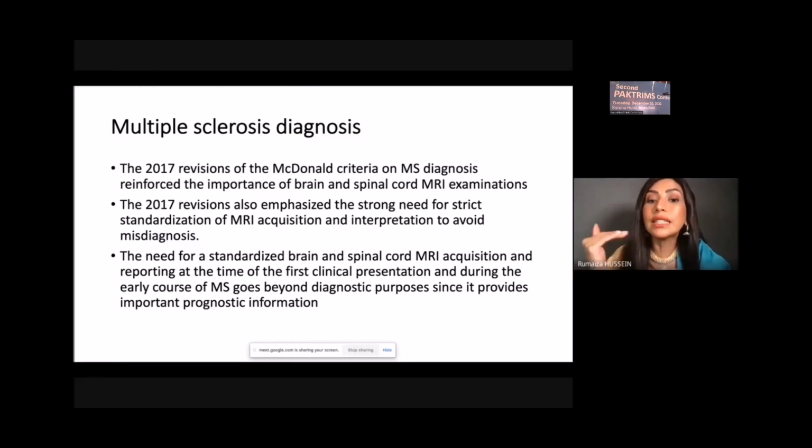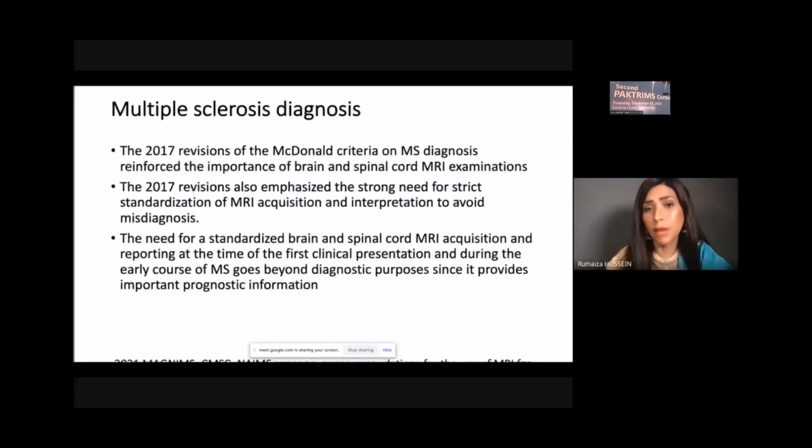So the need for standardized brain and spinal cord MRI acquisition and reporting at the time of the first clinical presentation and during the early course of MS goes beyond diagnostic purposes, since it provides important prognostic information.